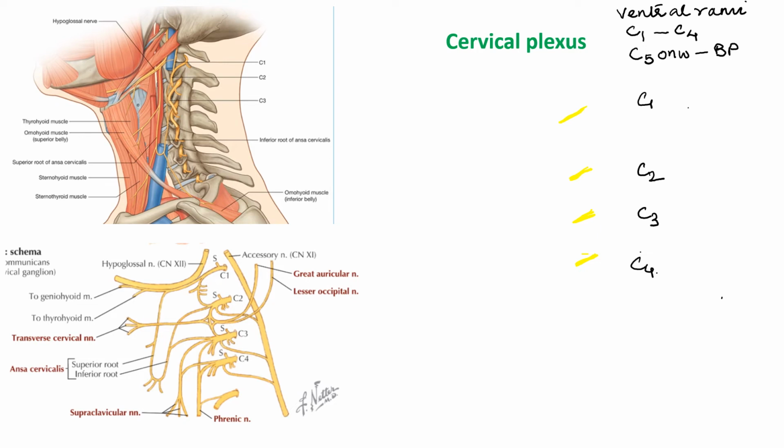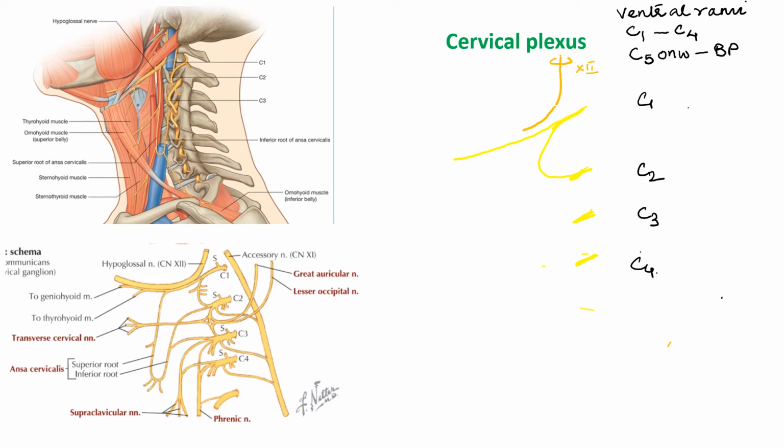Now the ventral ramus of C2 sends an ascending branch, which joins C1. The C1 fibers hitchhike along a cranial nerve exiting through the cranial base. This is the hypoglossal nerve, which you know is the 12th cranial nerve, which exits from the hypoglossal canal.